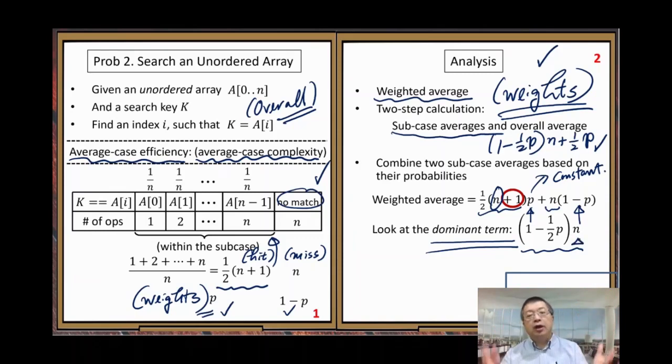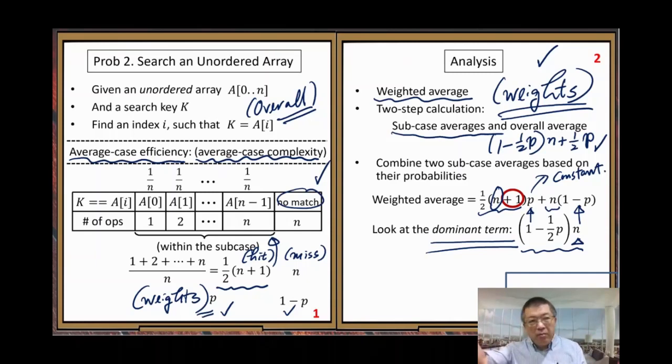Why do we create this concept? The reason is very simple: later, when we represent the efficiency of an algorithm, we only look at the dominant term.